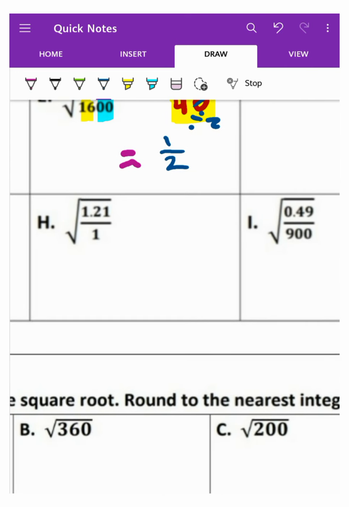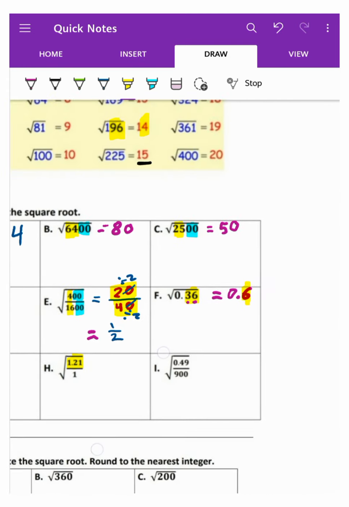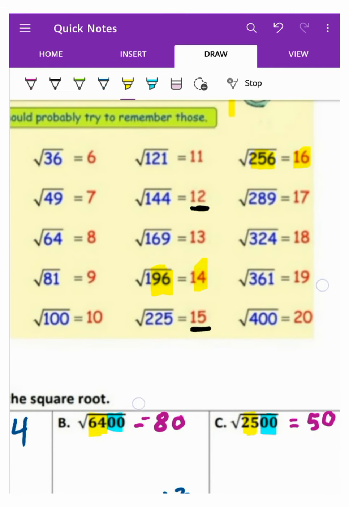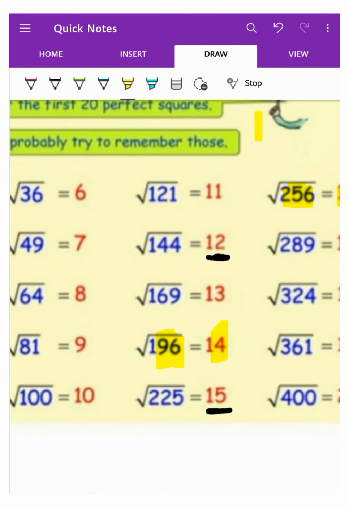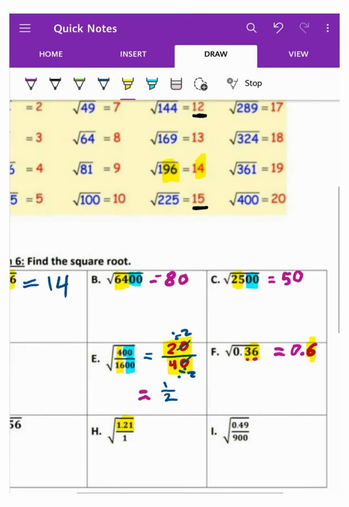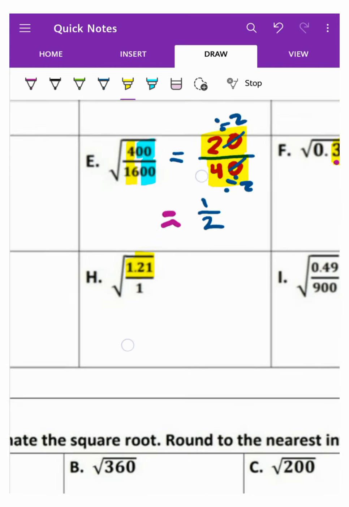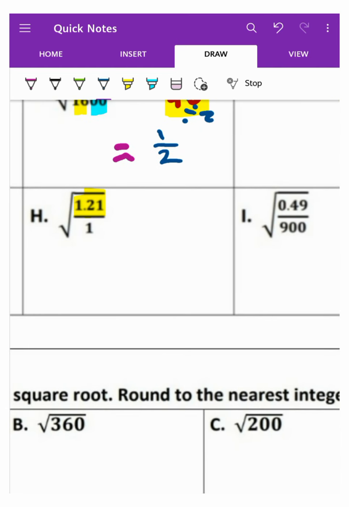Let us take this one. Again, don't be scared if you see a decimal. I have 1 and 21 hundredths. As you see here, if you go back to the table of perfect square numbers, we have 121 here, and it gives 11.